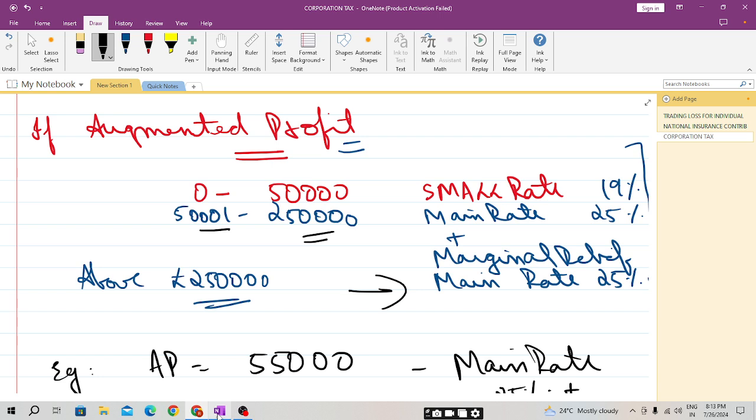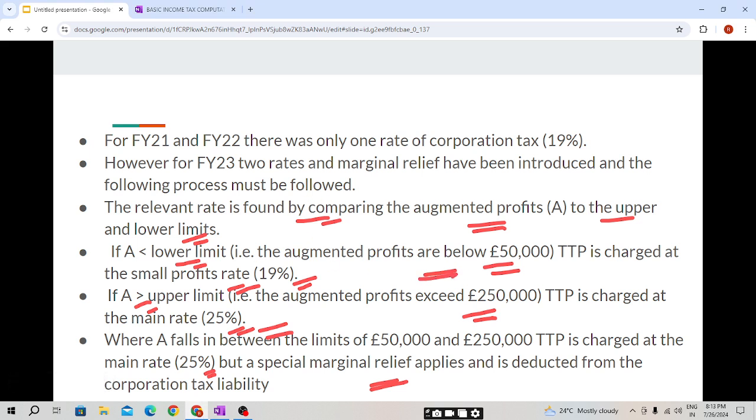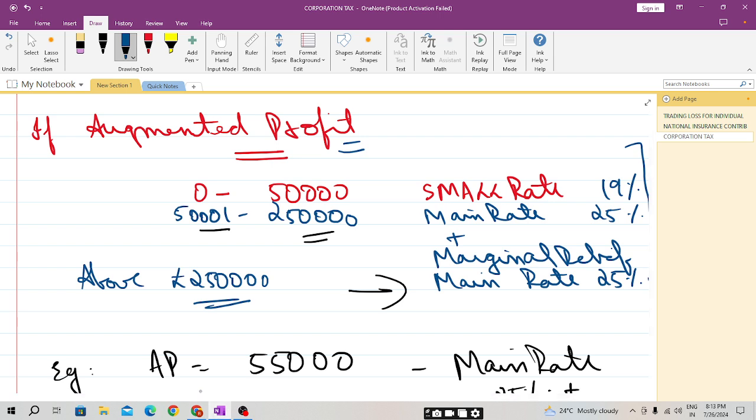So students, here it will be 49,999. We have already seen that below 50,000 means it will not be equal to 50,000. So 19% will be applicable, students, if the augmented profit is from 0 up to that limit, the small profits rate.